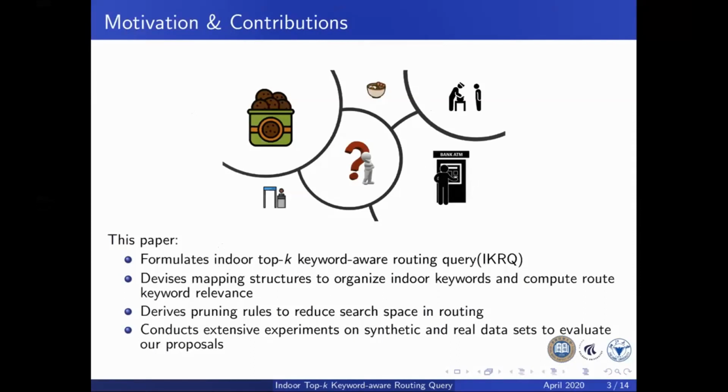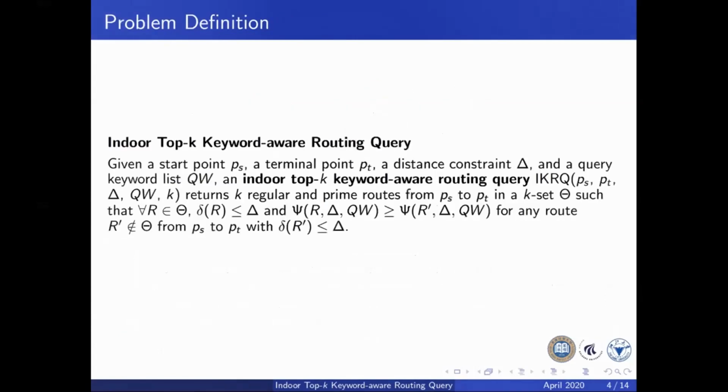Please let me first give you an overall idea about the architecture of the search algorithm very quickly. When we receive the query, the search algorithm will initialize the priority queue to store all current route extensions. We call them steps. And it will follow the find and connect paradigm.